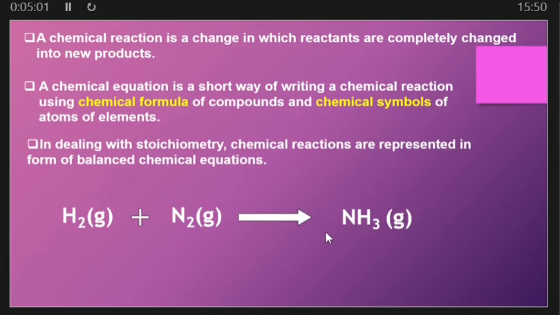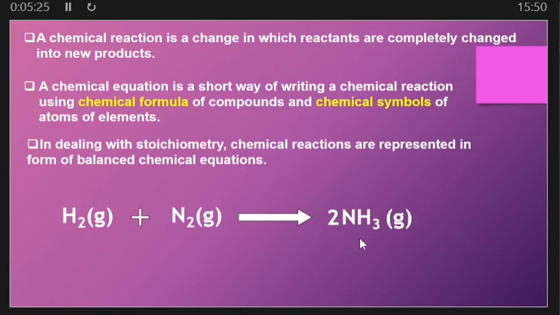By writing a 2 in front of this formula. So when we write a 2 in front of the formula like this, then it means that we have 2 atoms of nitrogen. However, when a number is written in front of the formula, that number affects every atom in that formula.